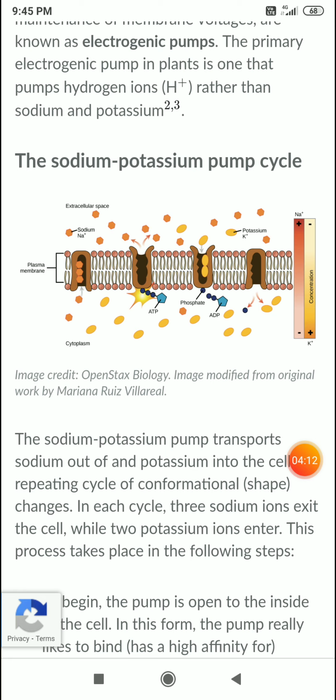In each cycle, 3 sodium ions exit the cell while 2 potassium ions enter. See the structure, this is how the process takes place.